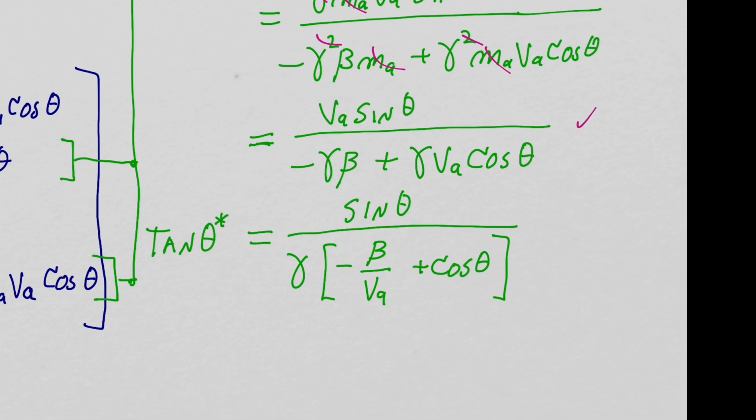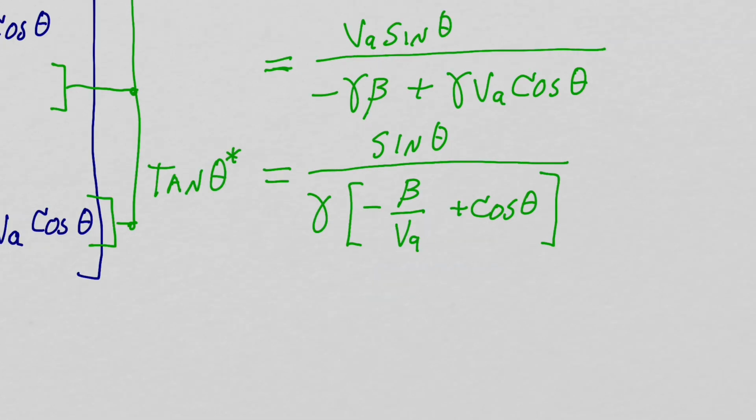And then just to put it into a form that's suggestive of a tangent, I divide top and bottom by vA. So I get a vA here, and that goes away. And I pull out this gamma. So after doing all that, I'm left with this really nice expression: the tangent of the angle in the lab frame is related to the sine of the angle in the center of mass frame and the cosine of the angle in the center of mass frame.